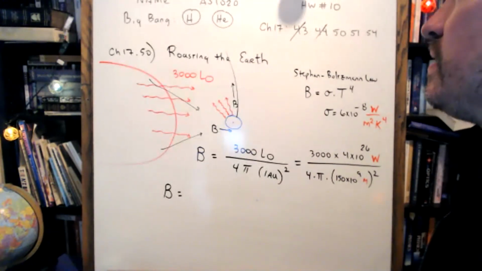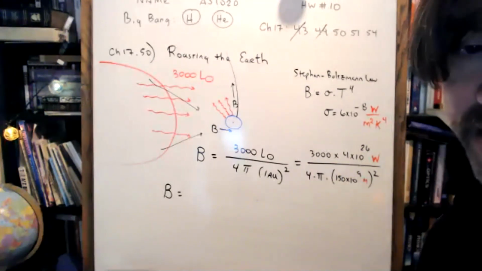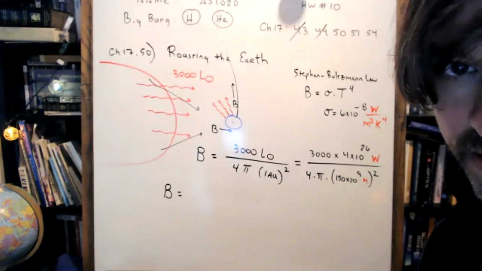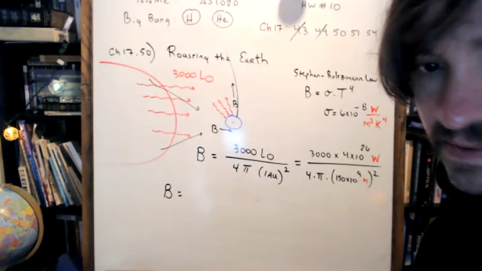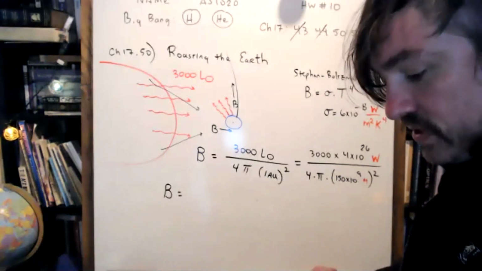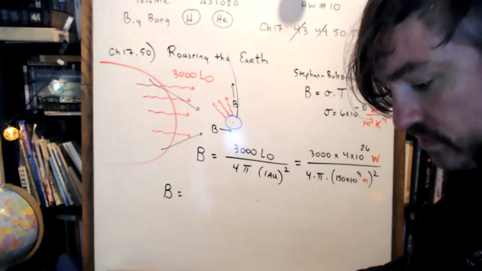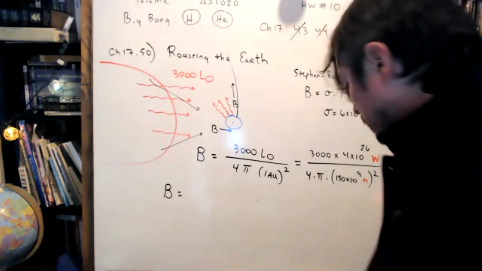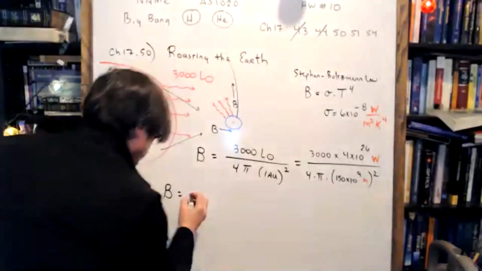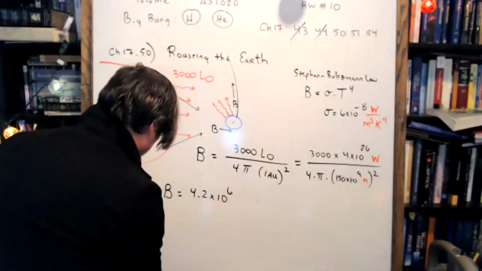So 4 million. I got 4.2 million too. 3,000 times. What did you get? 4.2 million, right? It seems like a lot. What are the units? Watts per square meter.